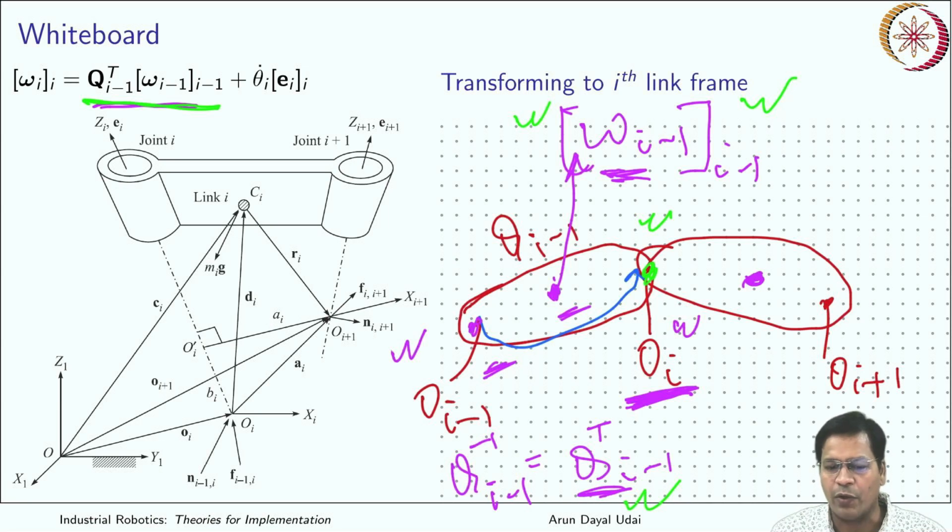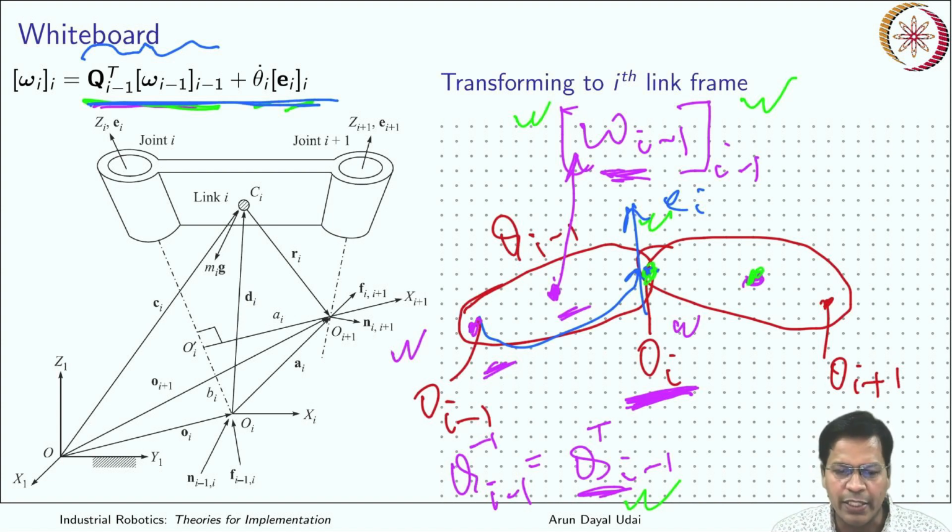And you already know this link is rotating by theta i dot about an axis in its own frame given by e i. So that again is in this ith frame. So now both of these can be added together. What I actually did here, I multiplied Qi minus 1 transpose to omega i minus 1, that effectively transformed omega i minus 1 to the ith frame.